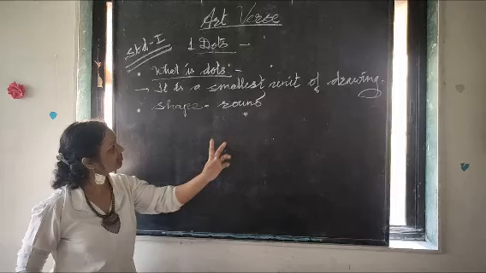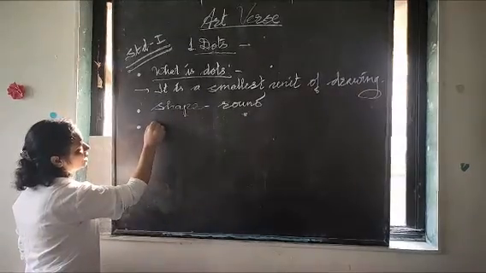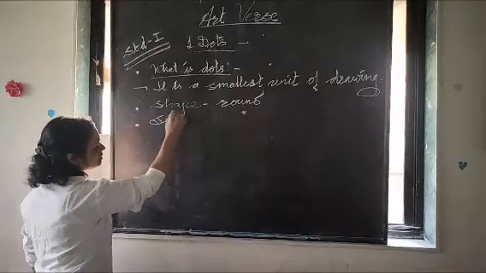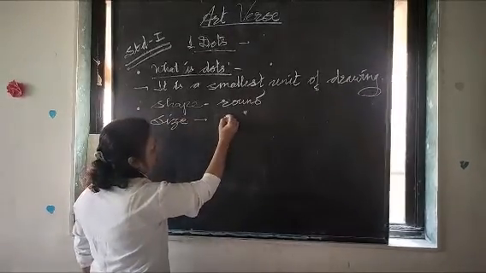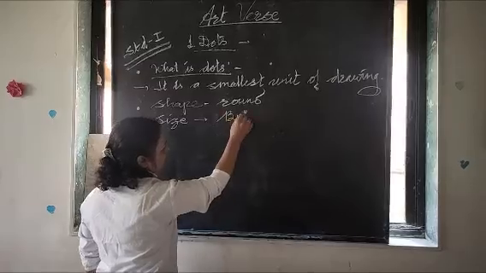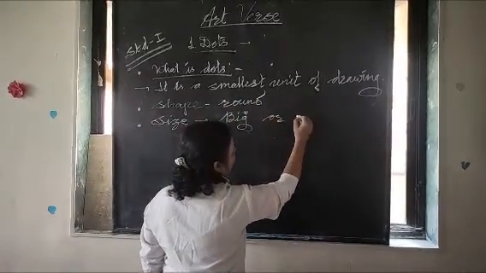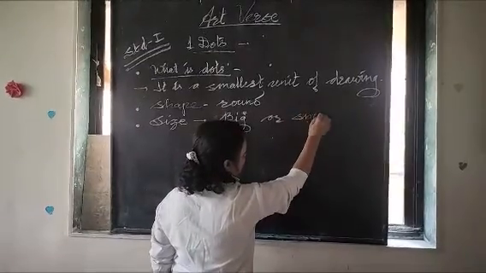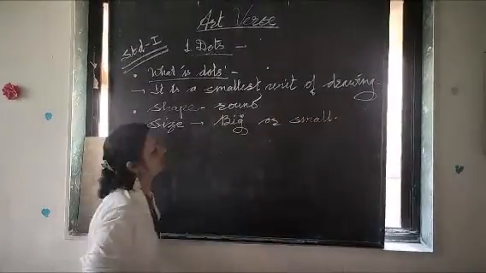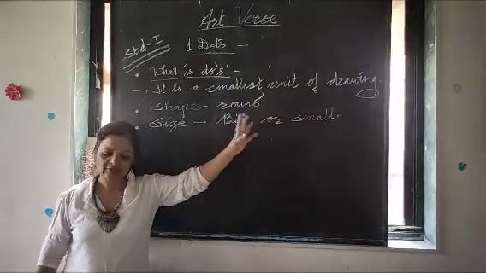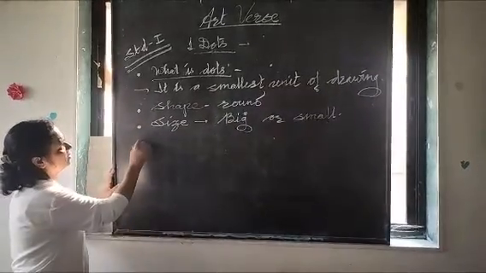Then think about its size. It may be very big or it may be small. So dots are very big or very small.